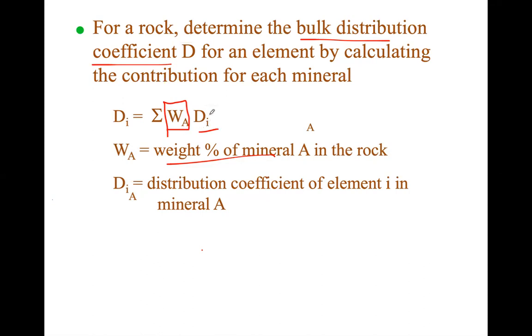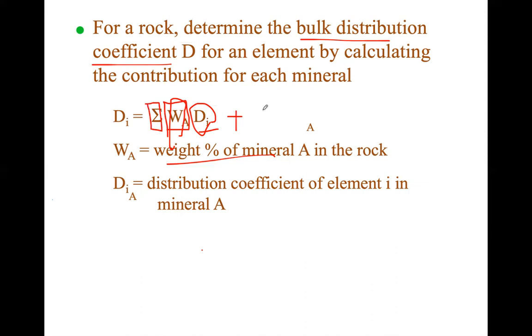So for example, if you take olivine, you have to take the partition coefficient of element i in olivine and the modal percentage of olivine, right? So multiply this and you add. The sigma mark indicates addition, right?